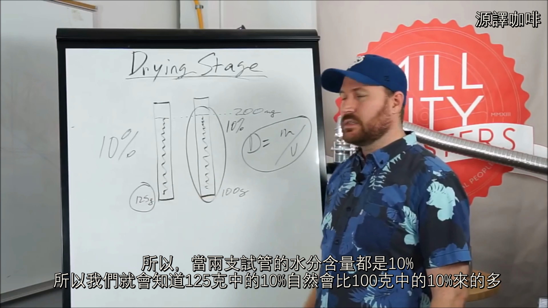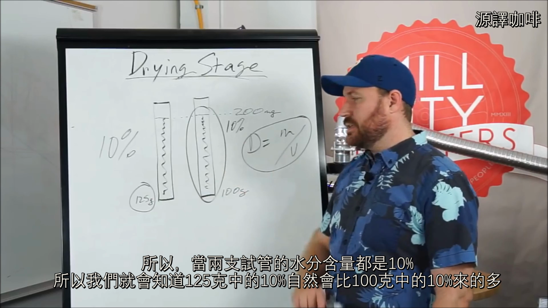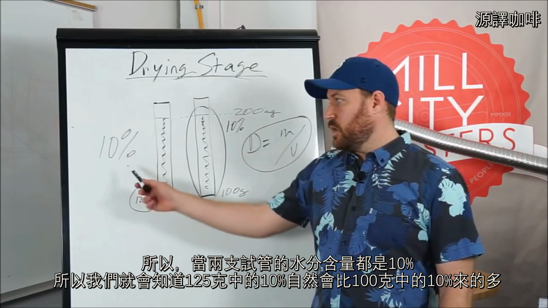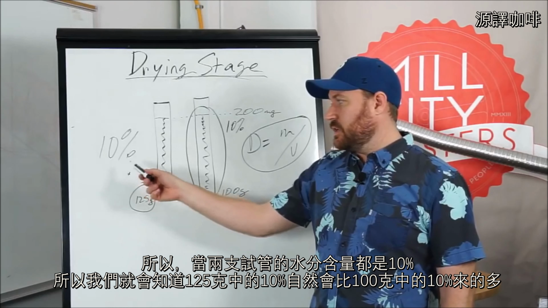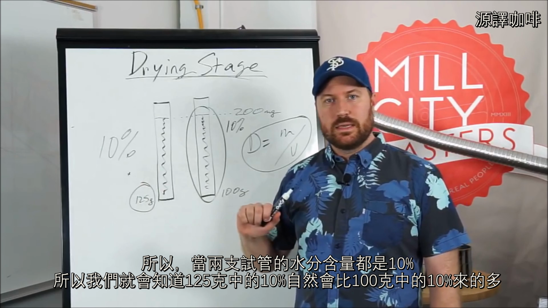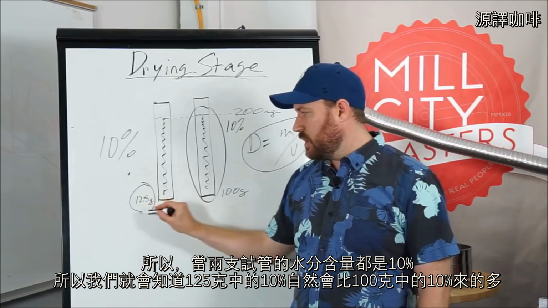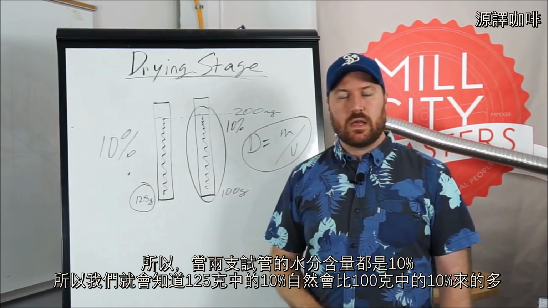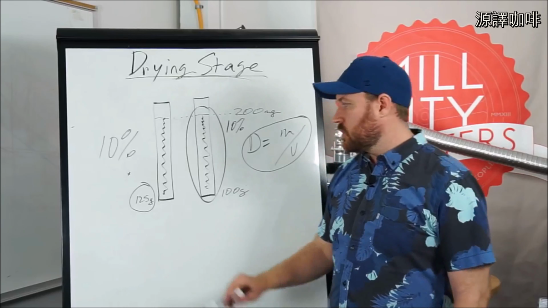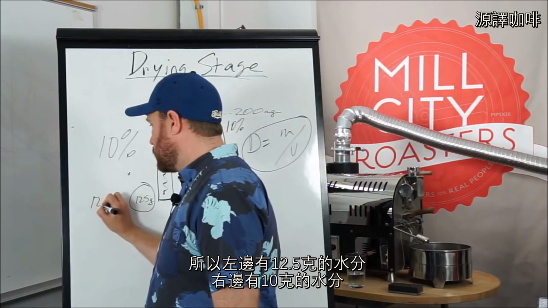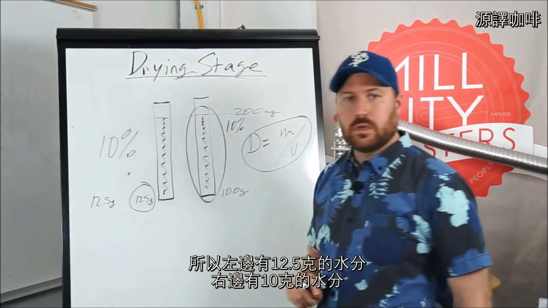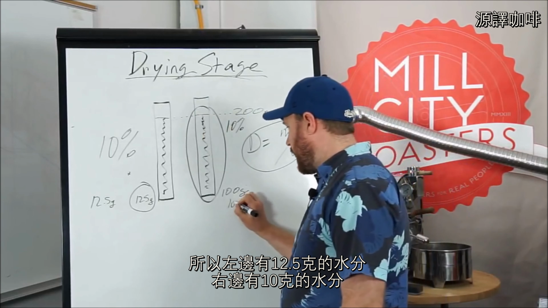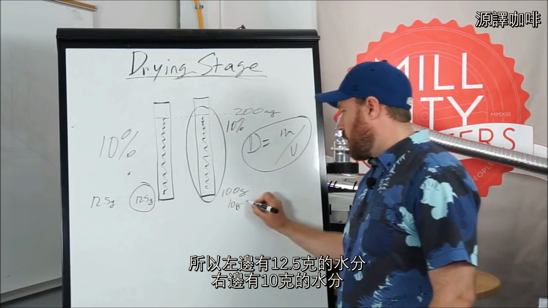So now, if this says 10% and this says 10%, we know that this one, by nature of being more dense, 10% of 125 is more than 10% of 100 grams. So I know that here I have 12.5 grams of water, and here I have 10 grams of water.